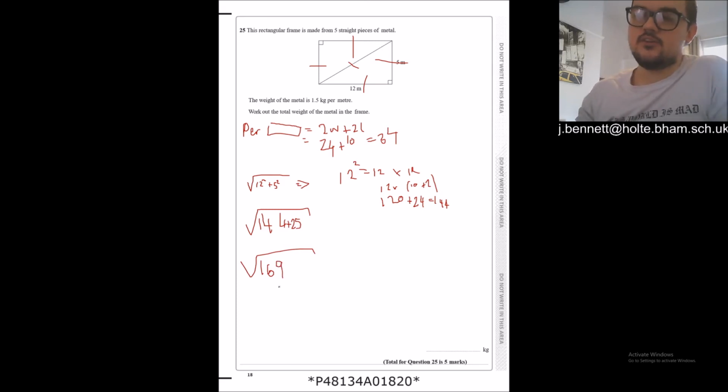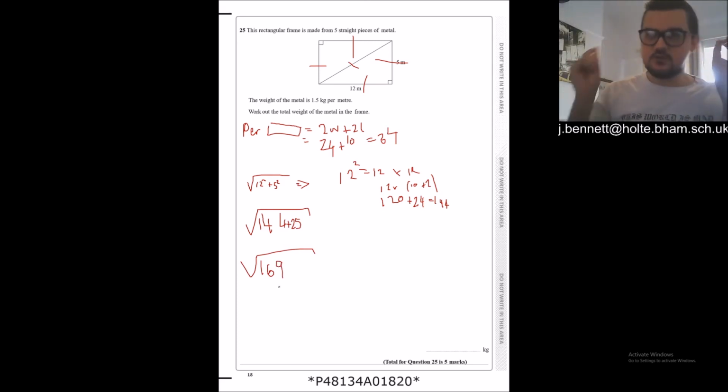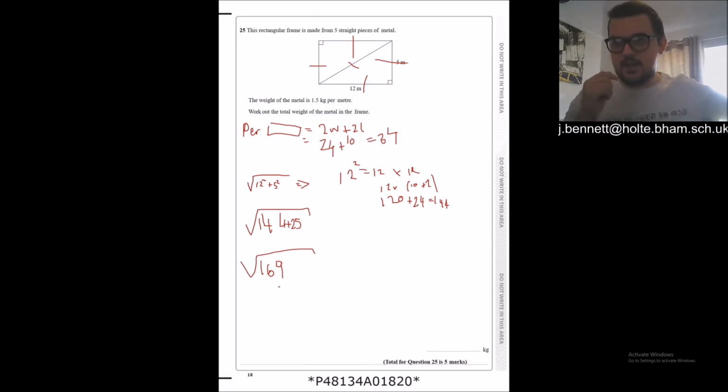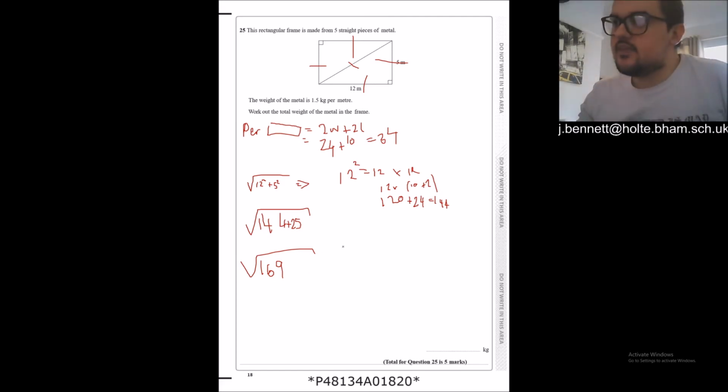You want to find a number that when you square it, you get 169. This is a non-calculator question, so that square root is not going to be a decimal, because you wouldn't be able to find it without a calculator. So if we do 12 times 12, we've got 144. Let's see what the next square number up is.